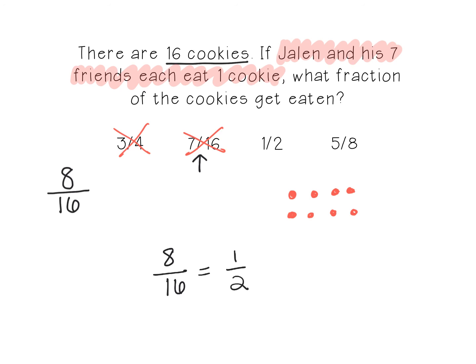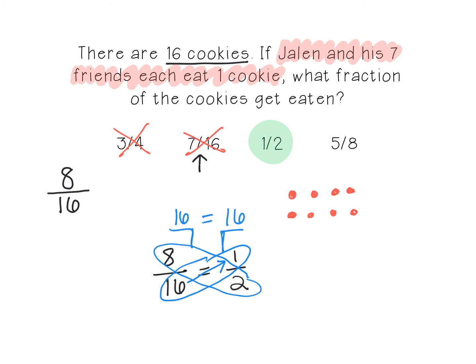And this time I'm going to use the butterfly method. I know that 2 times 8 is 16, and 16 times 1 is also 16. Since 16 and 16 are equal, I know that 8/16 and 1/2 are equal. So 1/2 of the cookies were eaten.